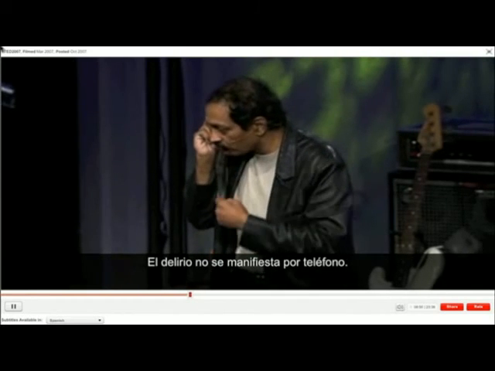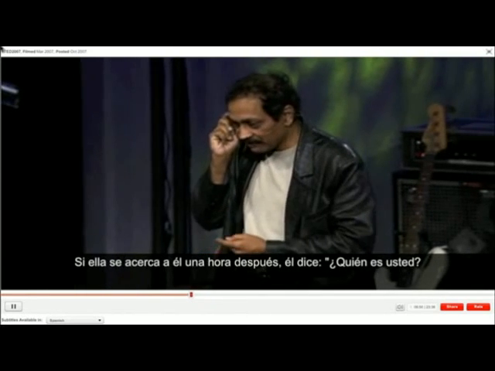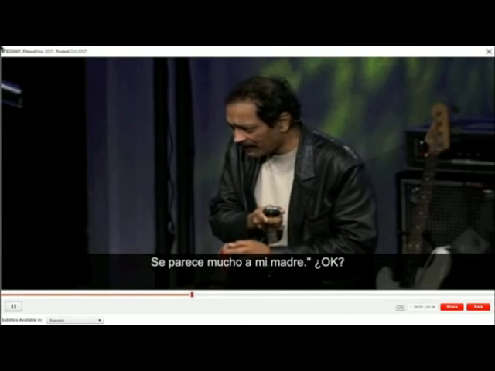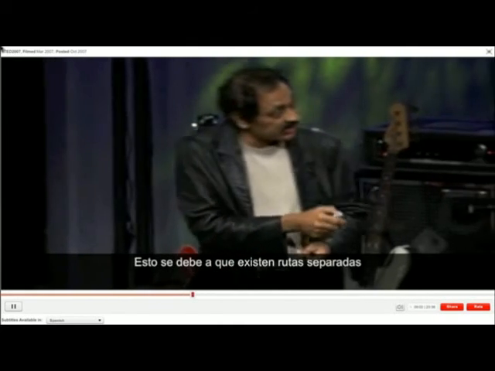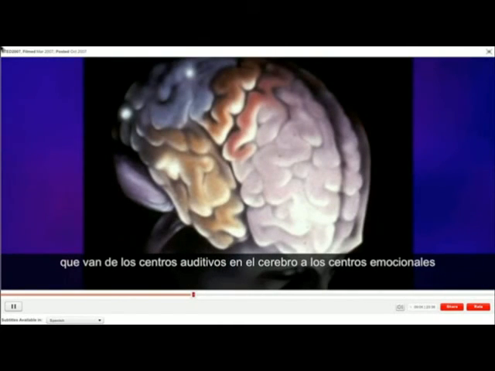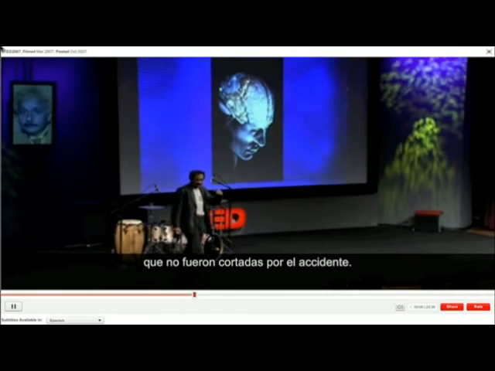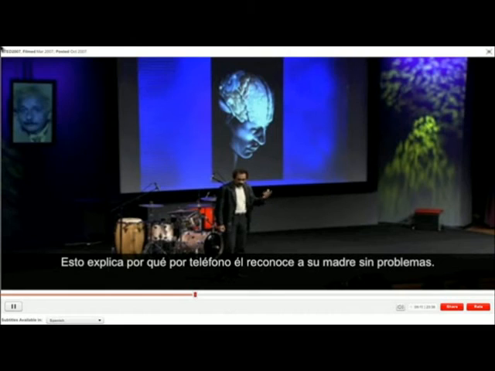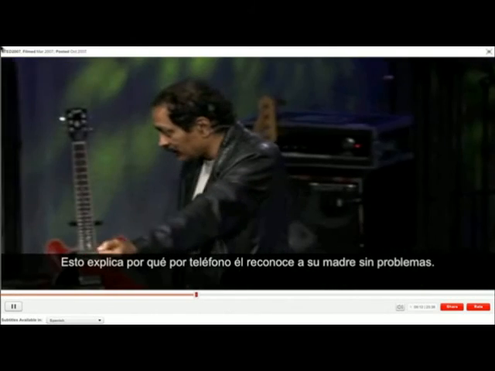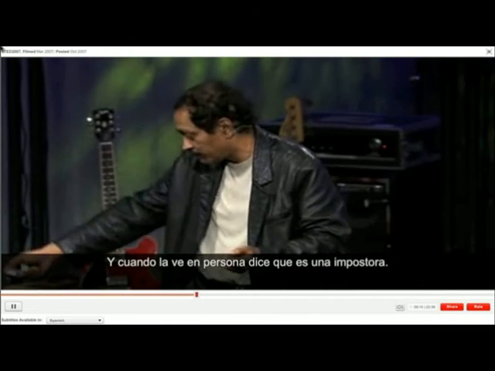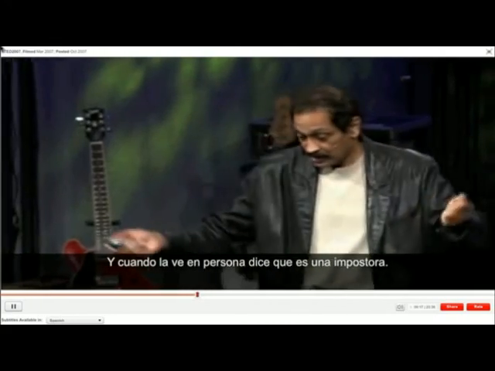There's no delusion through the phone. Then she approaches him after an hour, he says, who are you? You look just like my mother. Okay? The reason is there's a separate pathway going from the hearing centers in the brain to the emotional centers, and that's not been cut by the accident. So this explains why, with a phone, he recognizes his mother, no problem. When he sees her in person, he says she's an imposter.